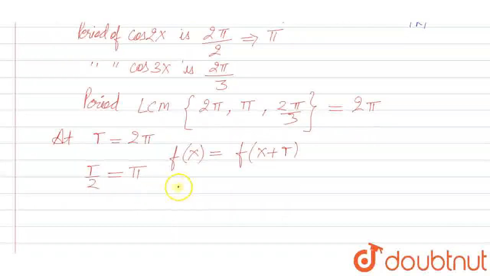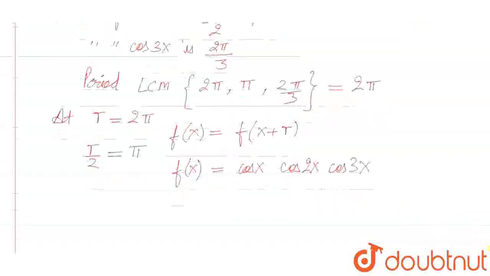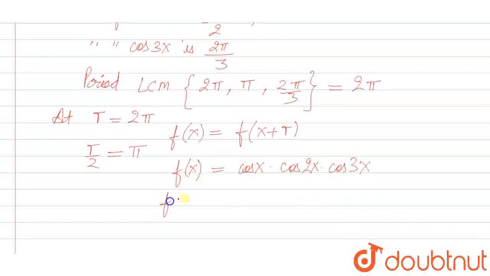So we have f of x is equal to cos of x into cos of 2x into cos of 3x here. So f of x plus pi, we have to check at T by 2.